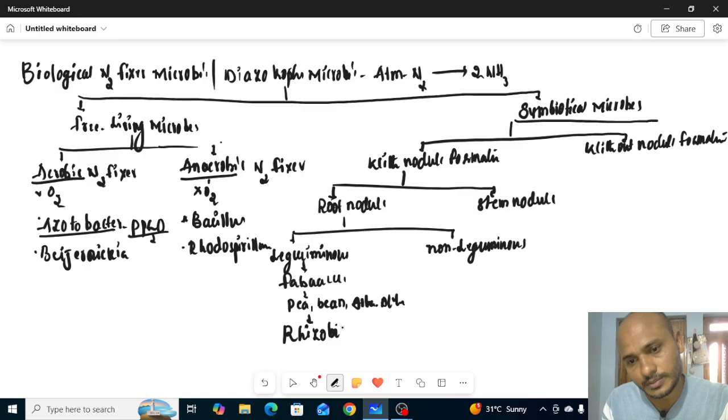So Rhizobium is a microbe which forms nodules in roots in these leguminous plants.